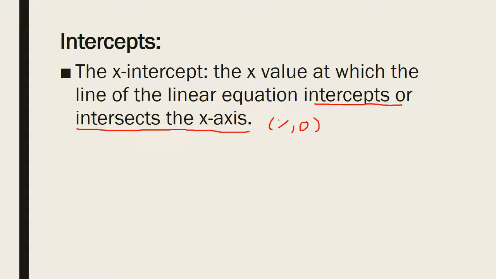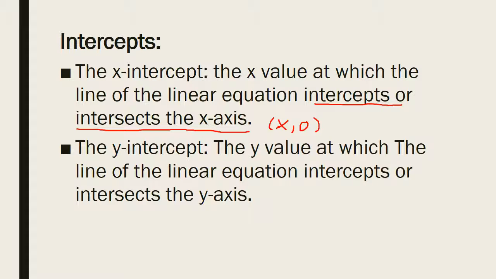And the only value that we have for this point is the x value. The second intercept is the y-intercept, and the y-intercept is a point where the line of the linear equation intersects the y-axis. At that point, the x value for that point is going to be 0. And the only value that we have for this point is the y-coordinate.